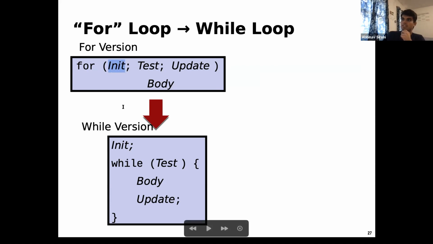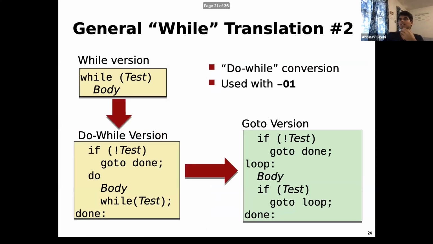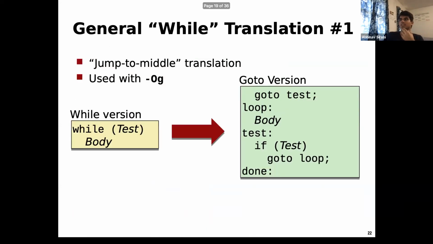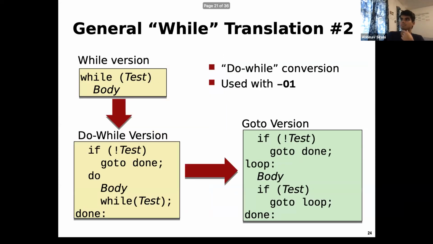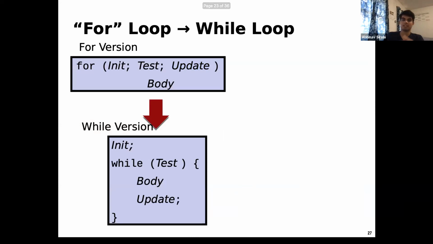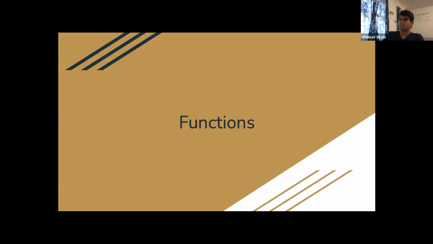You just take your initial condition and initialize it up here, you take your test and put it in the parameter to the while loop, and you do your update after the body executes in the while loop. And then we already went over how while loops can be translated into assembly in this example here. So you could also translate your while loop into a do-while loop and then go to assembly. And then we could talk about functions.